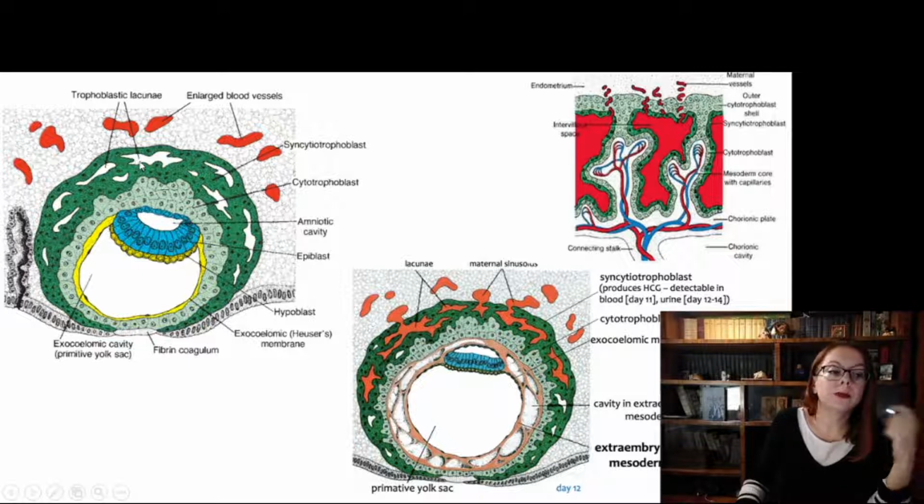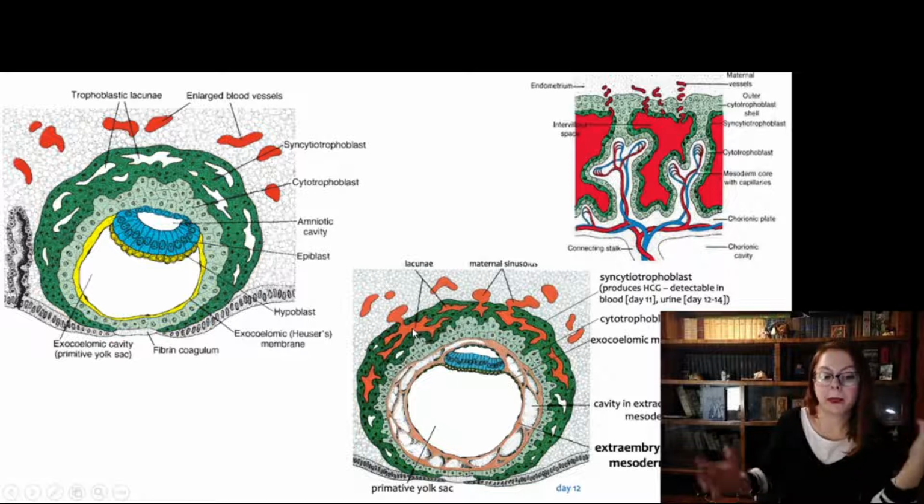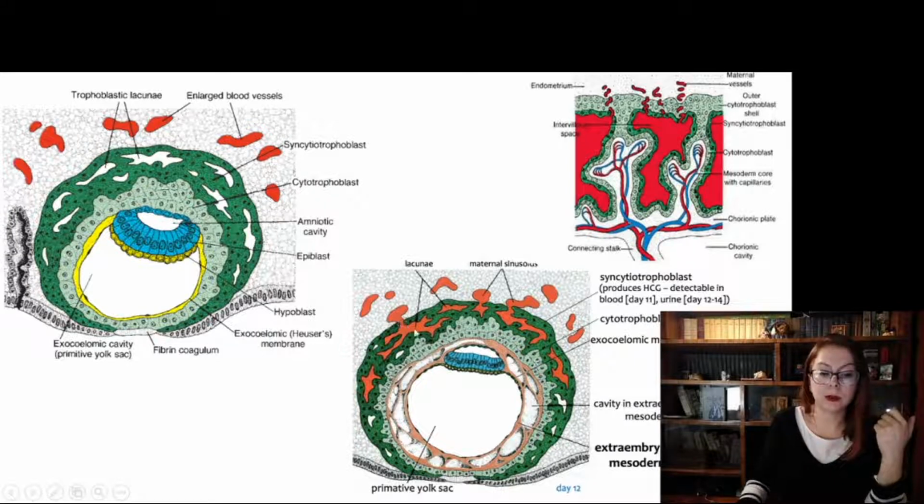And eventually, with time, they fuse with the maternal vessels in the endometrium. So here we can see the next stage. Those lacunae become filled with maternal blood, which is discharged from the maternal vessels in the endometrium. So starting from this stage, the embryo gets nutrients from maternal blood. And there is the exchange of gases through the trophoblast.